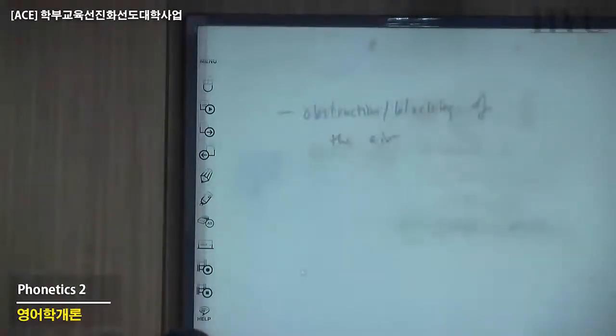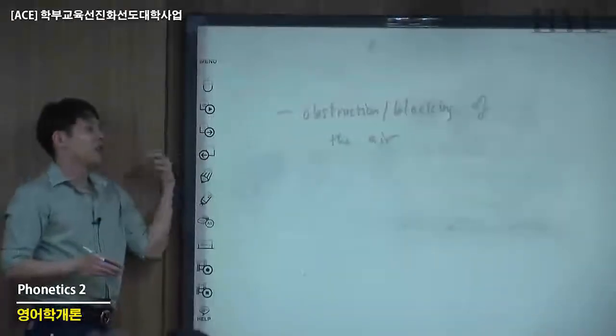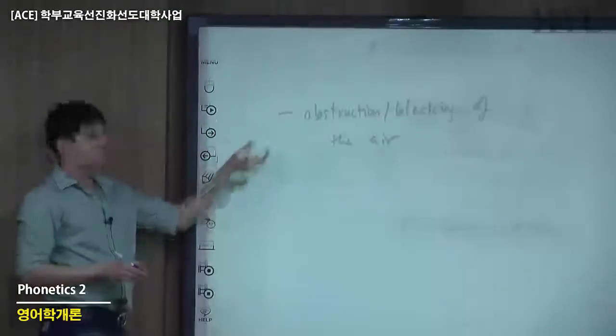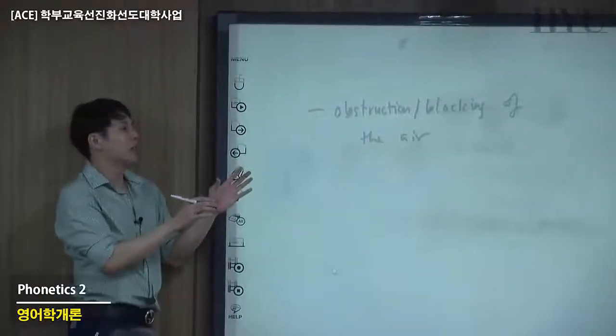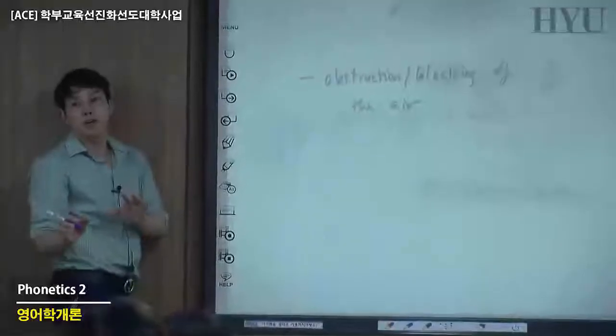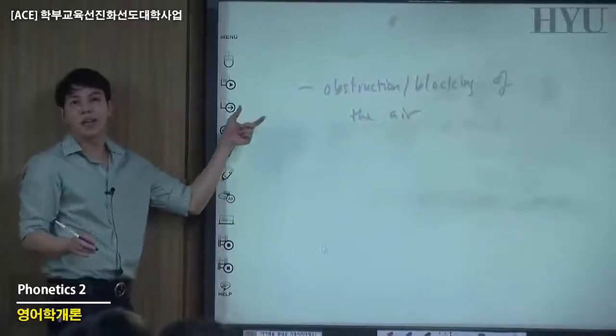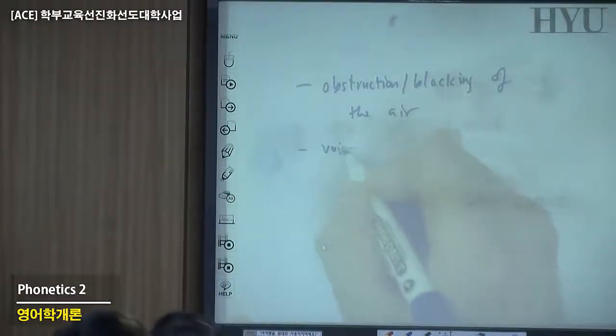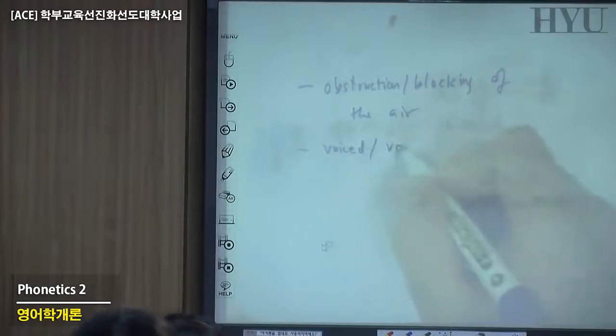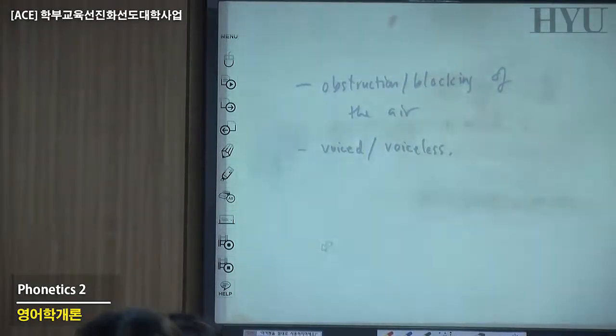There must be some obstruction, some blocking of the air somewhere in your mouth, so that when you produce the consonant sounds, the sounds are blocked, sometimes totally blocked or sometimes partially blocked. And consonants could be voiced or voiceless, depending on the state of the glottis, okay?